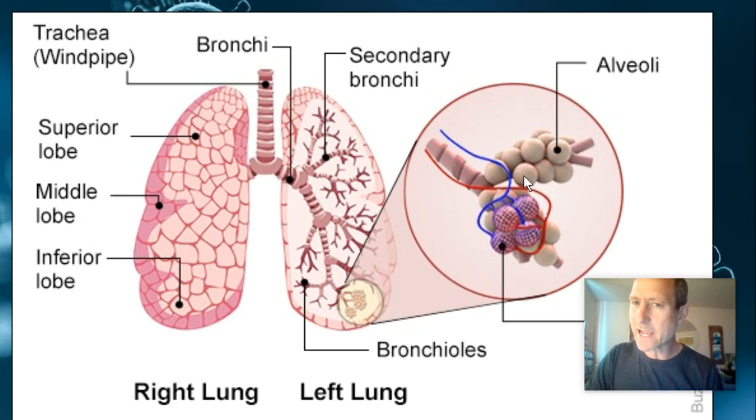And each one of these sacs that fills and empties with air is completely surrounded with capillaries. So here's oxygenated blood coming to the alveolus, and here's deoxygenated blood leaving the alveolus. So let's zoom in on that a little better and see what's going on there.